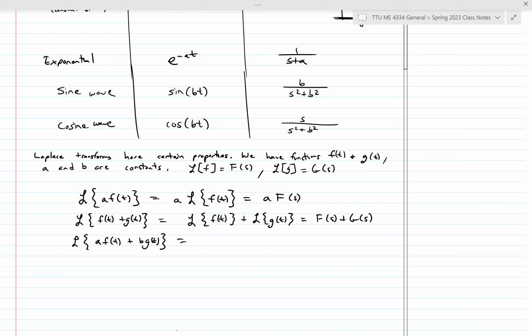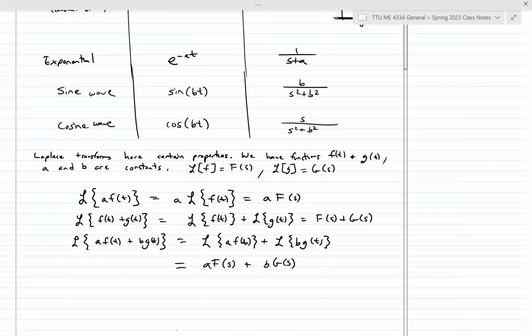First, let's separate it out to Laplace transform of a f of t plus Laplace transform of b g of t. We know we can take out a and b here, and we can end up with a F of s plus b G of s here, right?